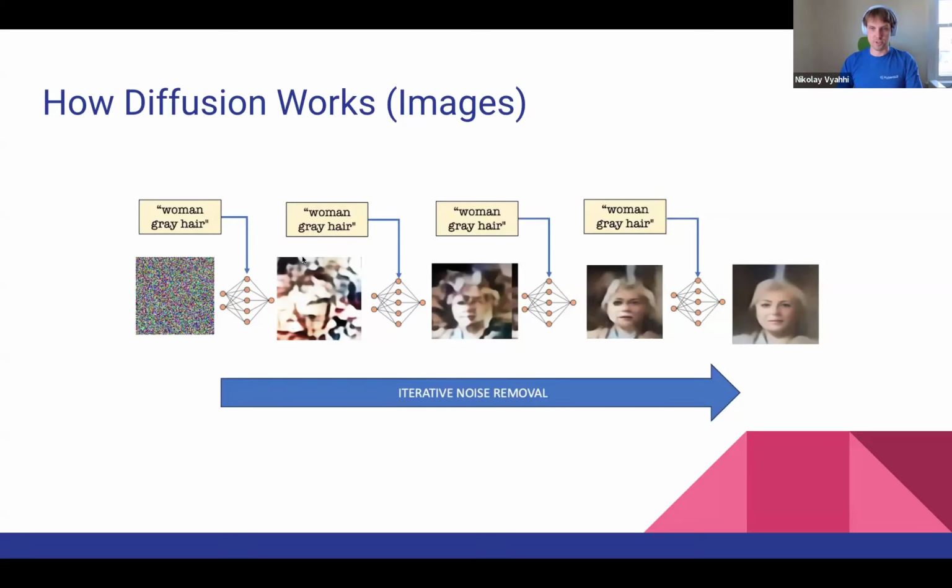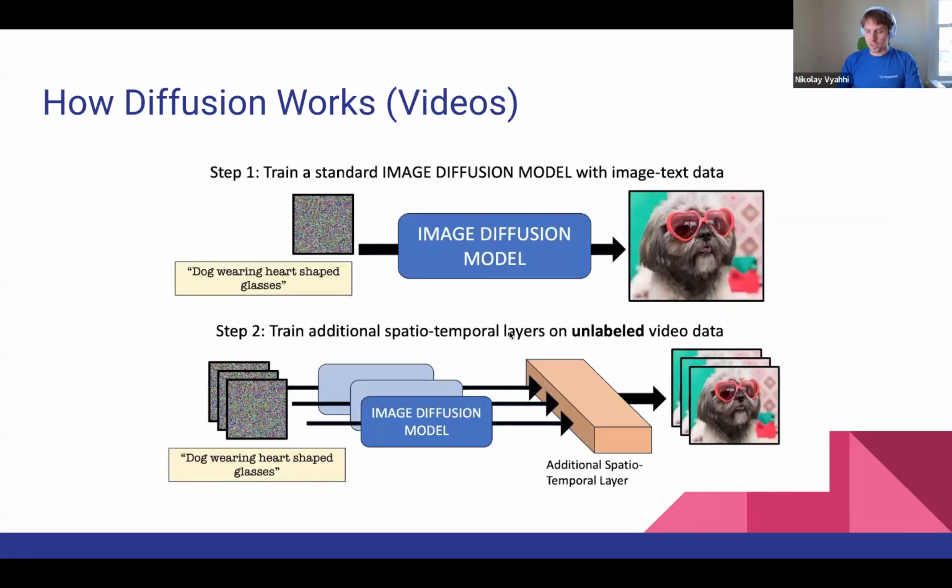Early models, for example, most of image generation looked like this on the left, and newer models are much better. So that was about image generation. Video generation is basically the same, but it also has an additional spatial temporal layer to make these images consistent.